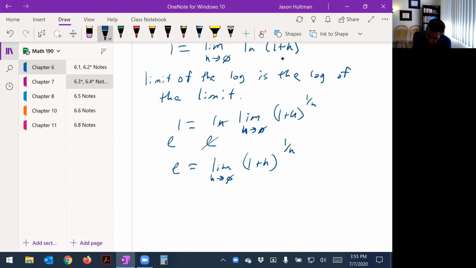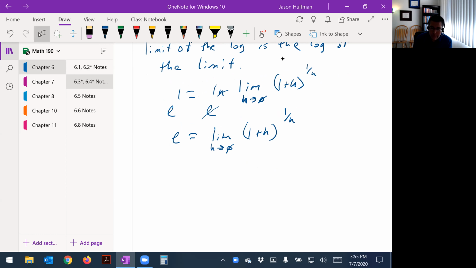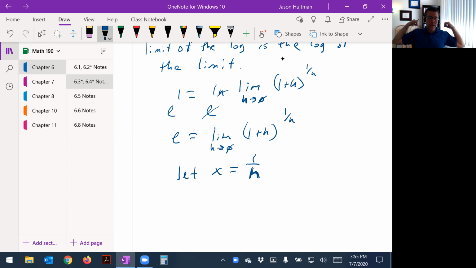Now what I'm going to do is make a substitution. Let x equal 1 over h. Okay, so how can I change this by doing this substitution?